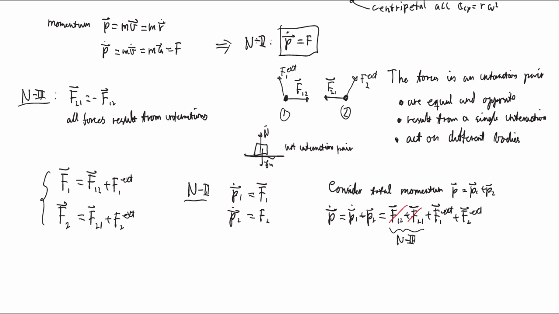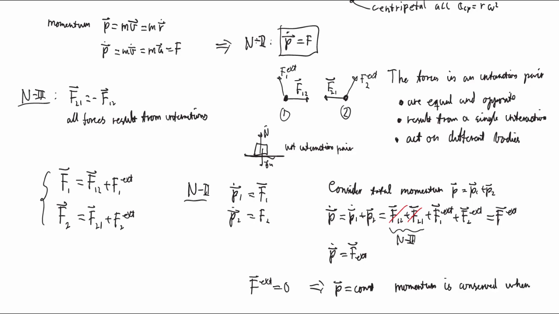So the only thing that remains is the external force. So P dot equals F external. So specifically that means that if there is no external force, the momentum is a constant. So the momentum is conserved when there's no external force.